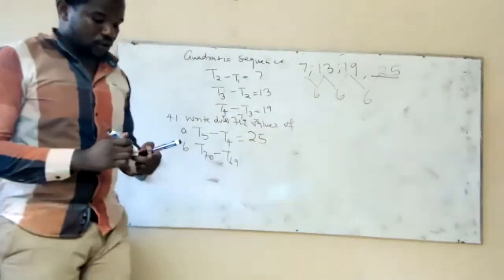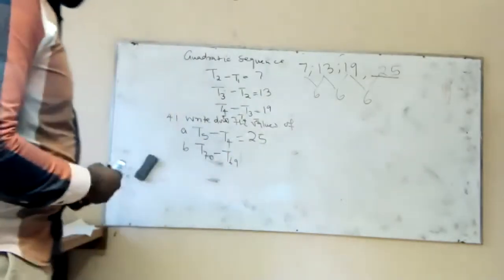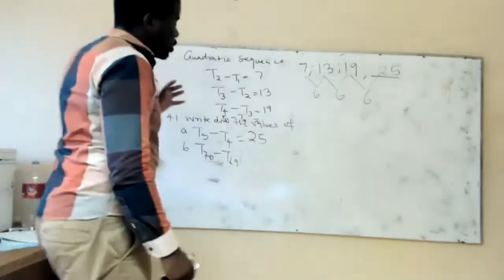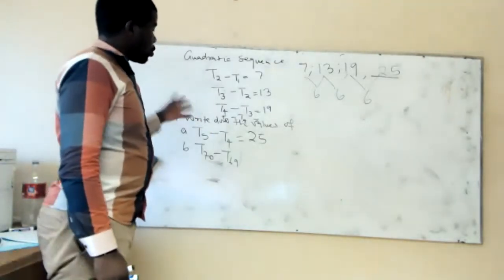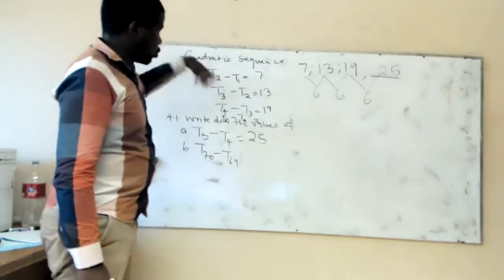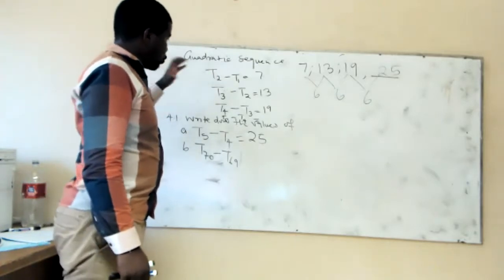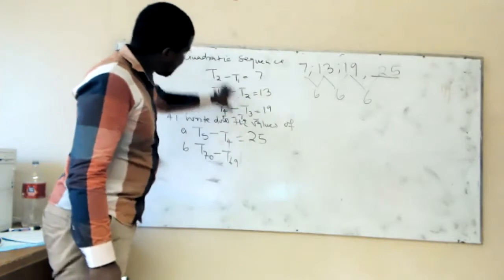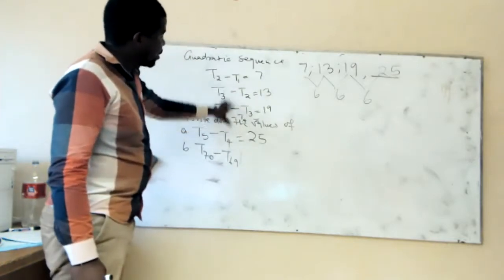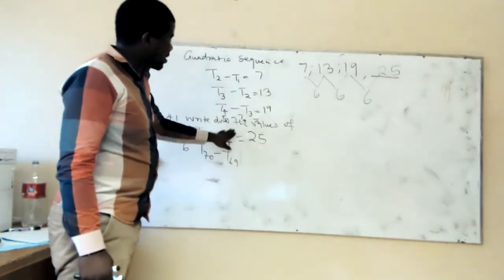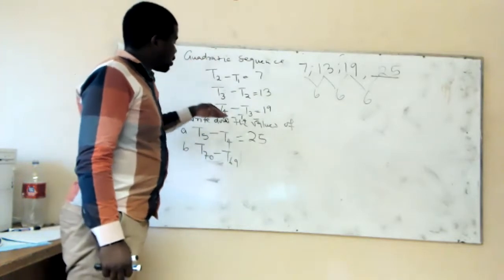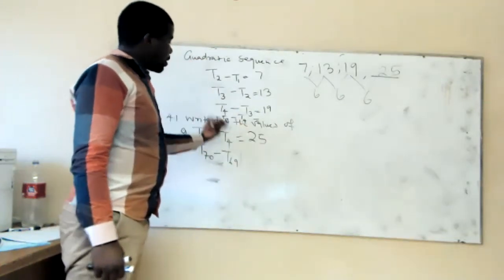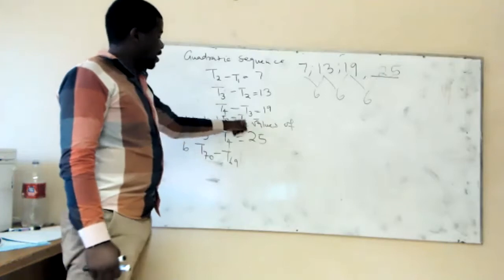So here, there is a lot of thinking required, because you can see we have this difference there. You must be able to follow this sequence and establish what the next difference could be, which is T5 minus T4.